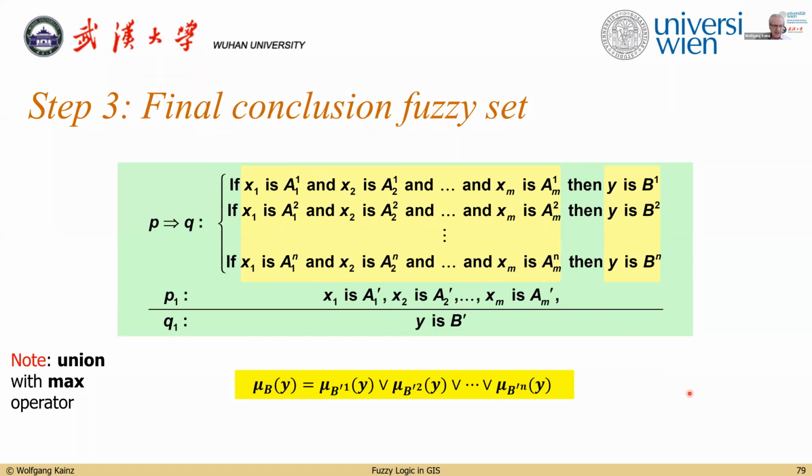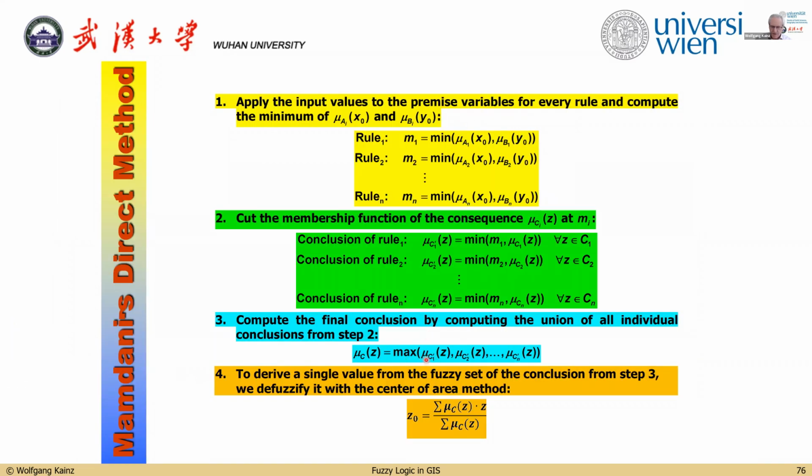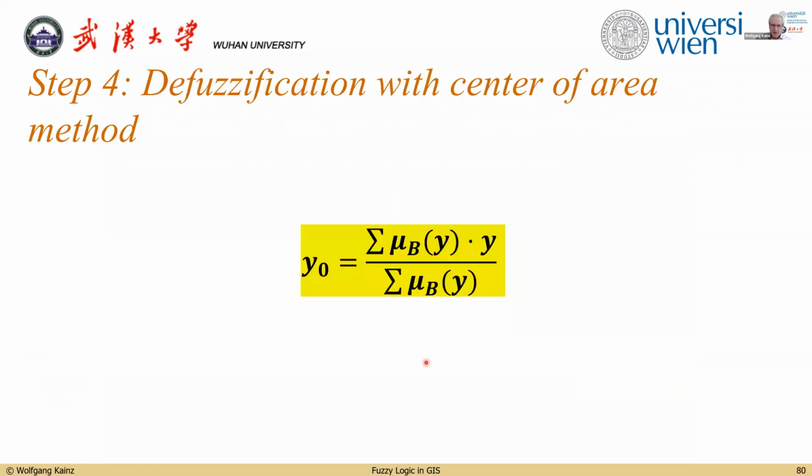And then in the end, we compute the union of all those cut conclusion fuzzy sets using the maximum operator for the union. As you can see here, we used the maximum operator for computing that union. And then finally, we defuzzify our result with the defuzzification operator as explained before.